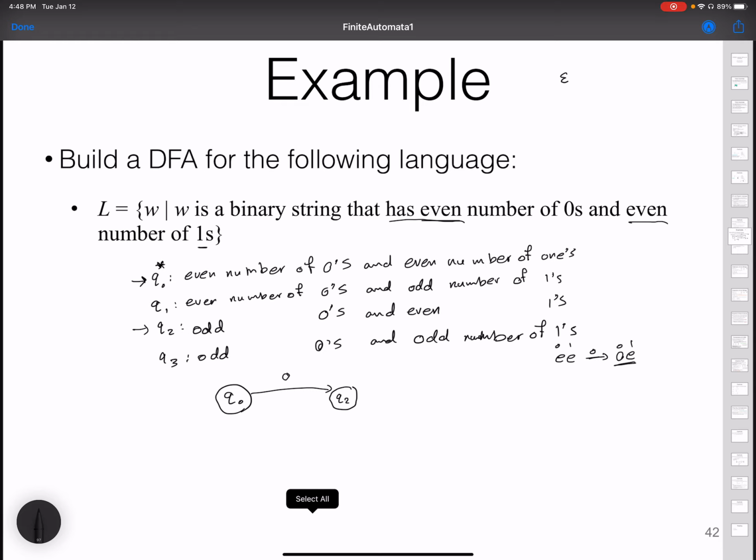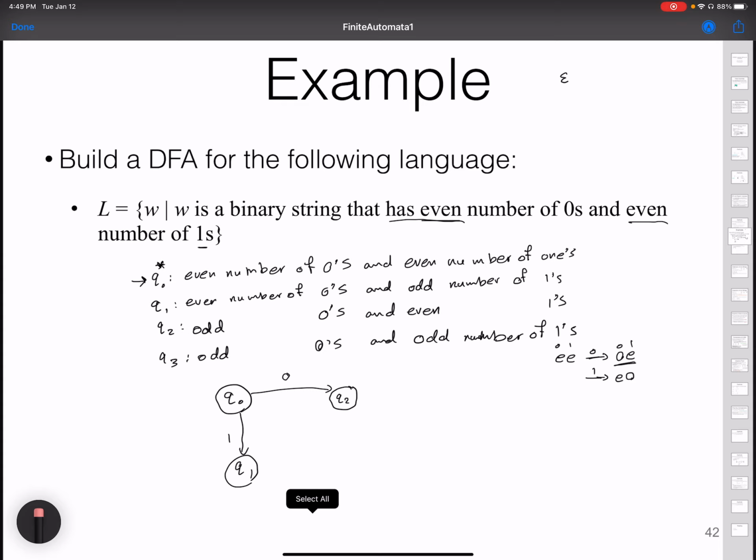At Q0, by reading a 1, the number of zeros hasn't changed, but the number of ones is going to be odd. So by reading a 1, you go to state Q1.